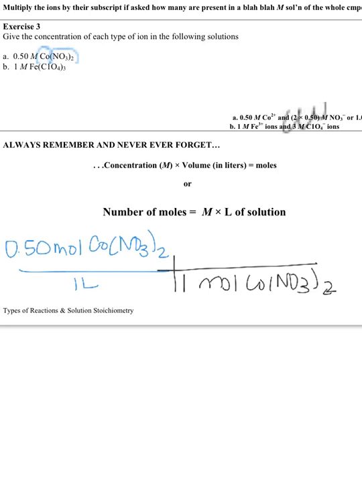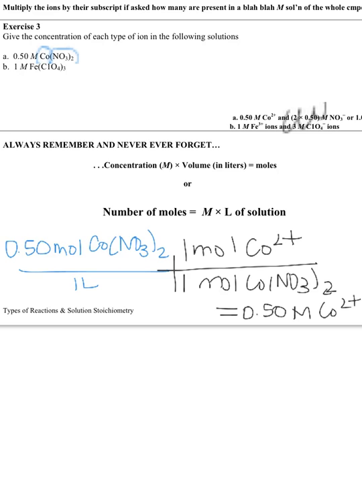I see a subscript of 1 since there's nothing there. That means 1 mole of cobalt ions is released for every 1 mole of cobalt nitrate solution. Multiply across the top, divide by everything at the bottom, and my concentration of cobalt ions is the same as the concentration of solution, 0.50 molar cobalt ions.